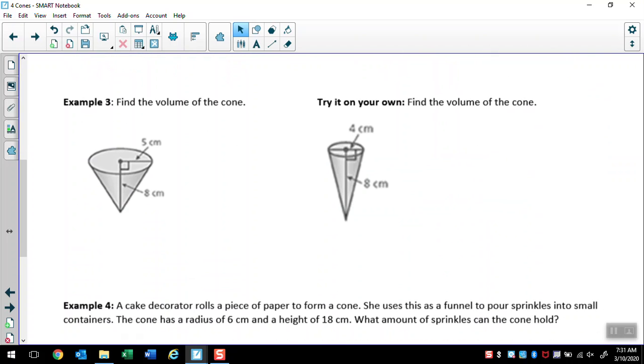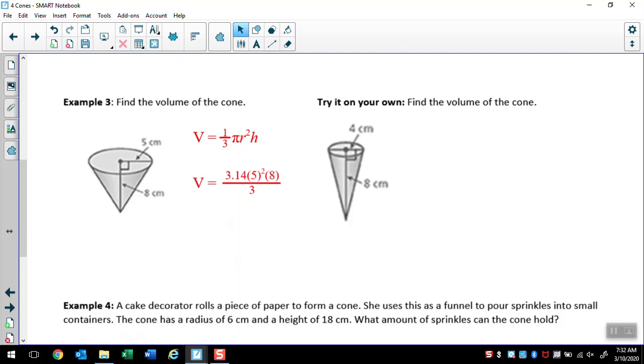Now we're going to look at finding volume of a cone. So the formula for volume is 1/3 pi r squared h. So again, we need radius, so we're going to make sure that we have the radius. This time they indicate a line that only goes halfway across that circle. So they've given us the radius, and we can go ahead and substitute in our information.